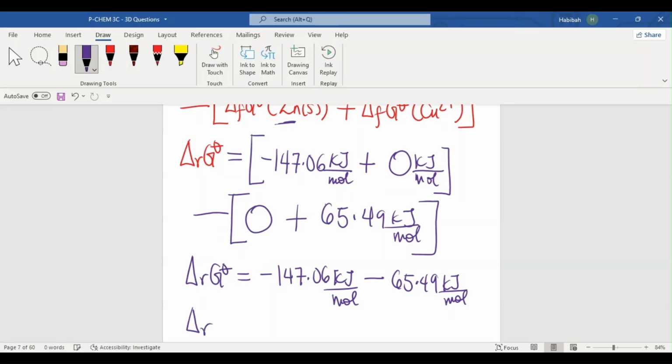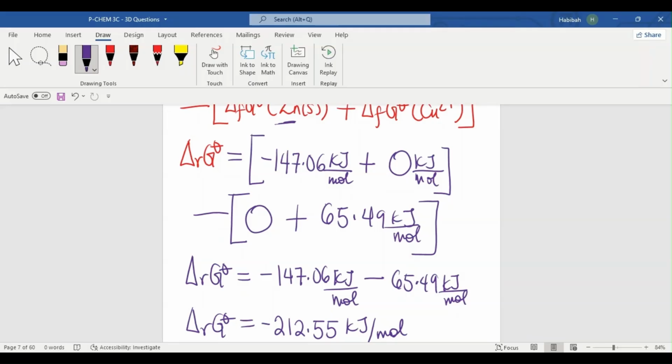So it's simply negative 147.06 minus 65.49. When you input that in your calculator, you end up with negative 212.55 kilojoule per mole.